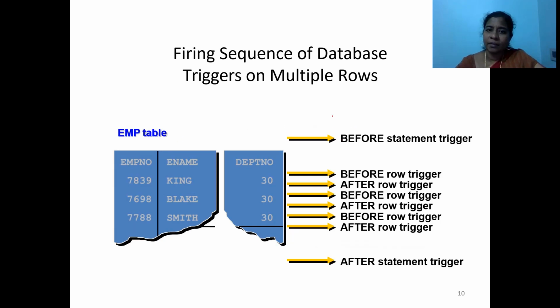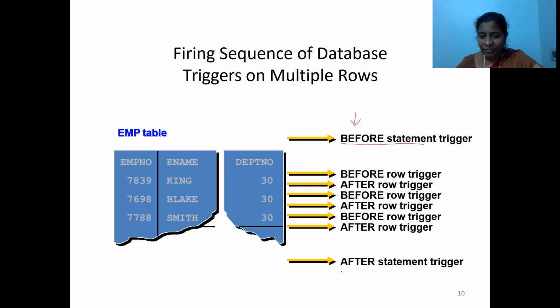So when you see here, firing sequence of database triggers on multiple rows. So for example, if it is a statement trigger and the condition is before, the statement trigger, as I said, will be executed only once. If you say it is before, that is before statement trigger, in that case, before that particular event, it will be executed.